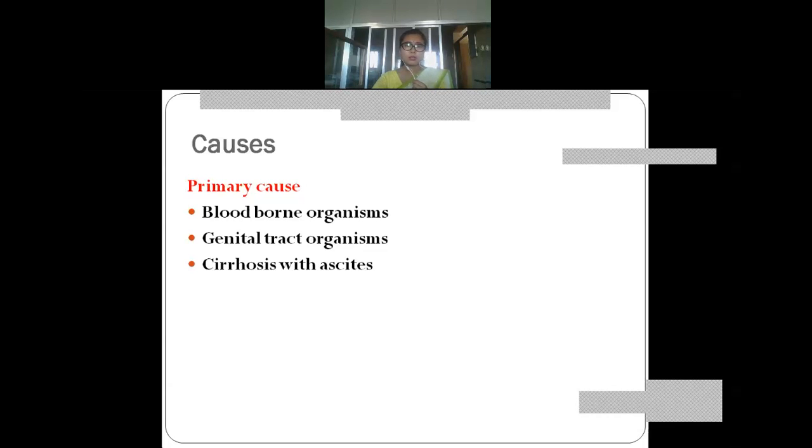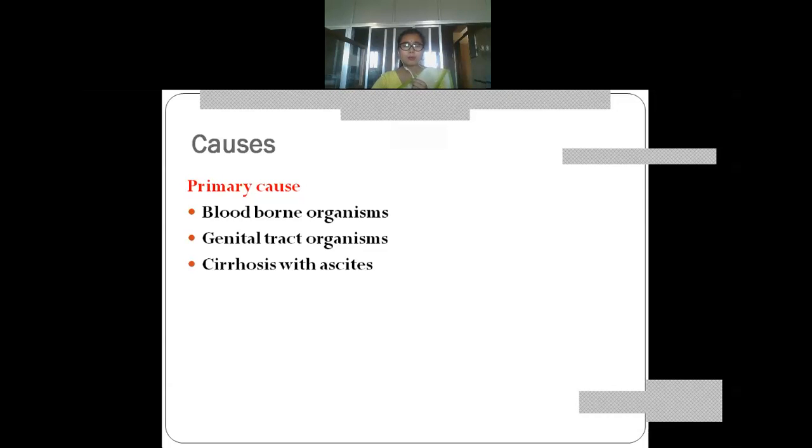So cirrhosis is a condition of the liver, okay, in which degenerative changes occur in the liver, and as a complication of this liver cirrhosis, ascites occur. And ascites is the accumulation of fluid in the peritoneal cavity.